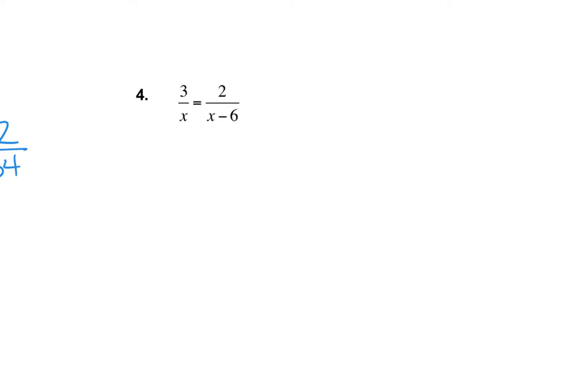All right, number 4, we have 3 all over x is equal to 2 all over x minus 6. Again, we're going to solve this using the cross products property. So we're going to take our 2 times our x, and I would end up with 2x. And now notice what I have here. I have 3 times x minus 6.